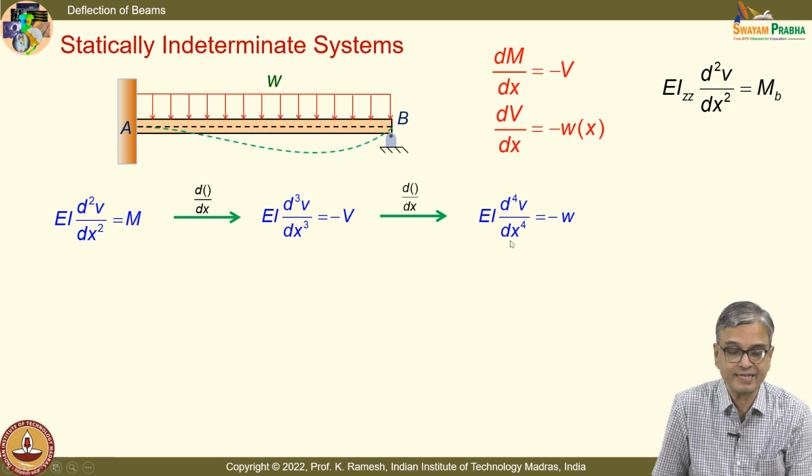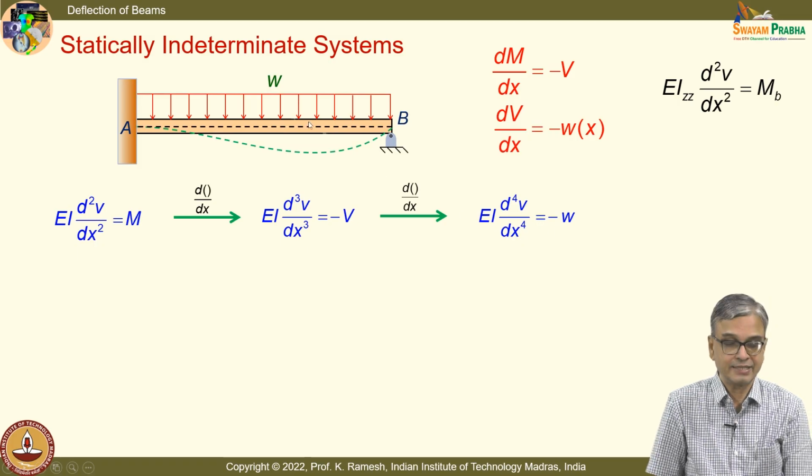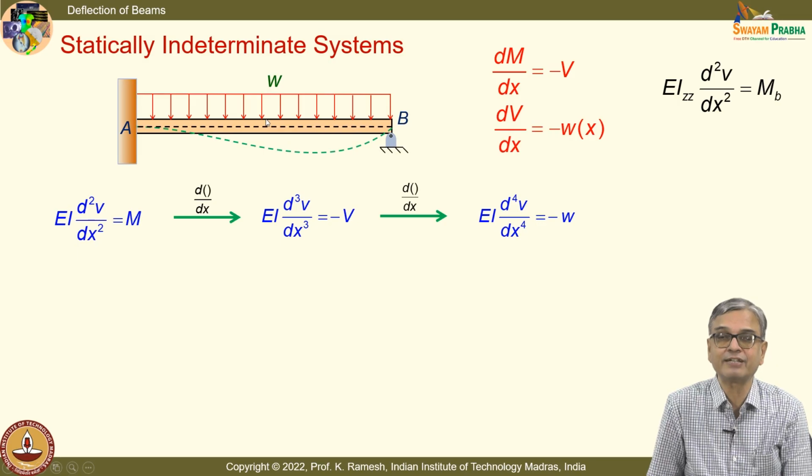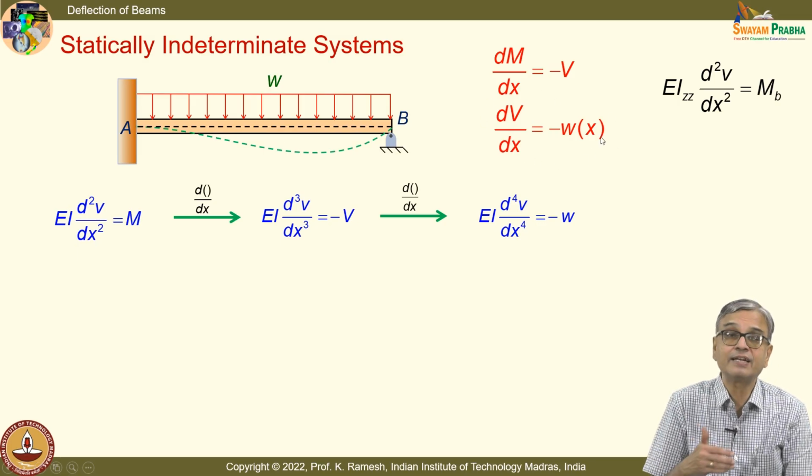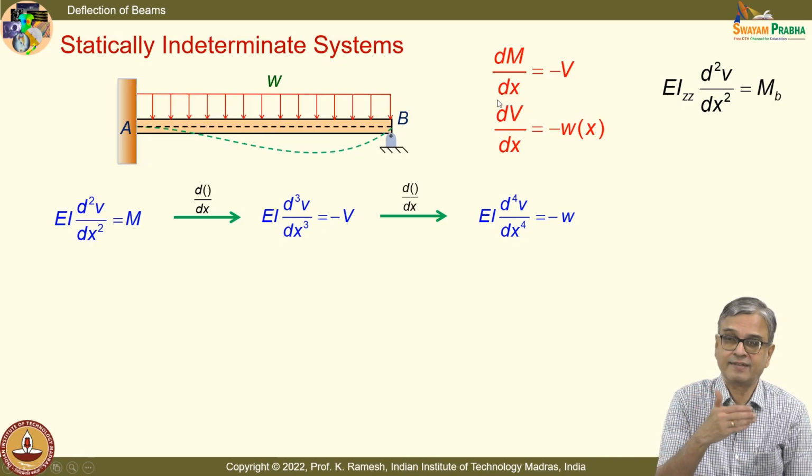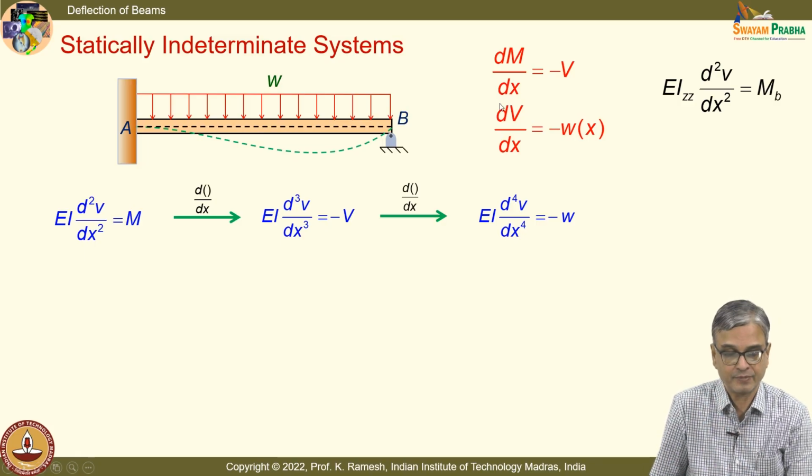So, I have EI d power 4 V by dx power 4 equal to minus W. That applies to this problem when W is in a negative direction. This expression is derived with W as positive. There is a sign convention that we have used.